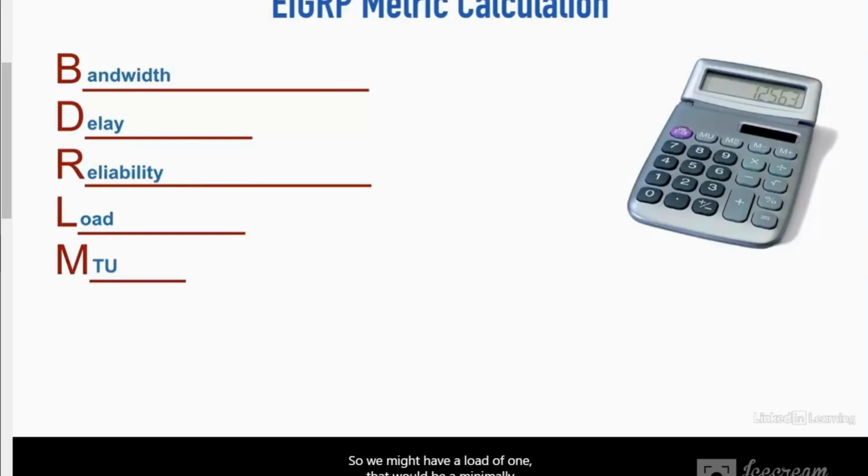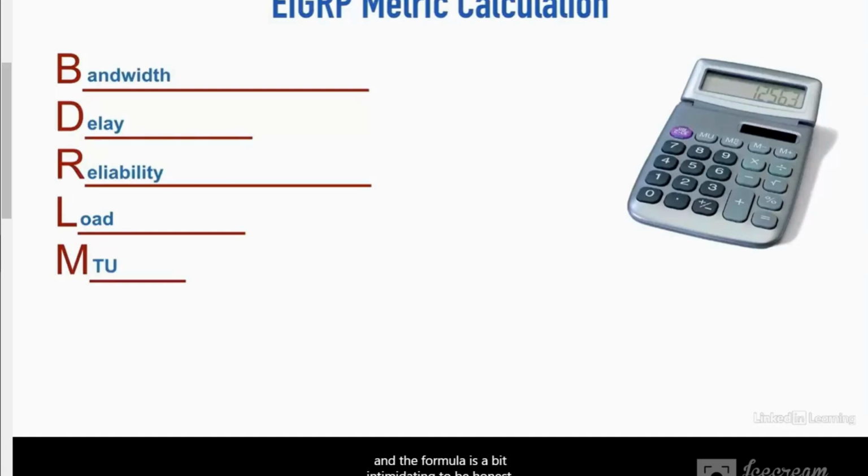So we might have a load of 1, that would be a minimally loaded link. And as a tiebreaker, we could use an MTU, the maximum transmission unit. The default is 1500 bytes for a packet, but sometimes we reduce the MTU because we have some extra header associated with a tunnel or different reasons. But the highest MTU could win as a tiebreaker. The MTU itself, though, does not go into the formula.